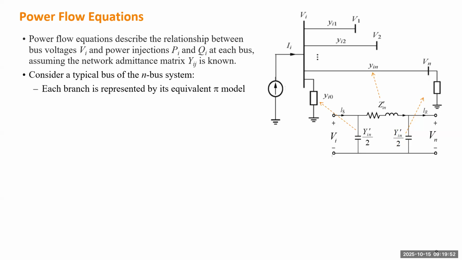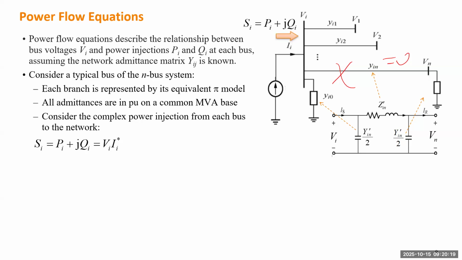If any physical connection is not in the network, we simply make that admittance be 0. So if a transmission system is not a complete graph, by complete graph I mean there's a direct connection between any two buses, this bus admittance matrix will be very sparse.